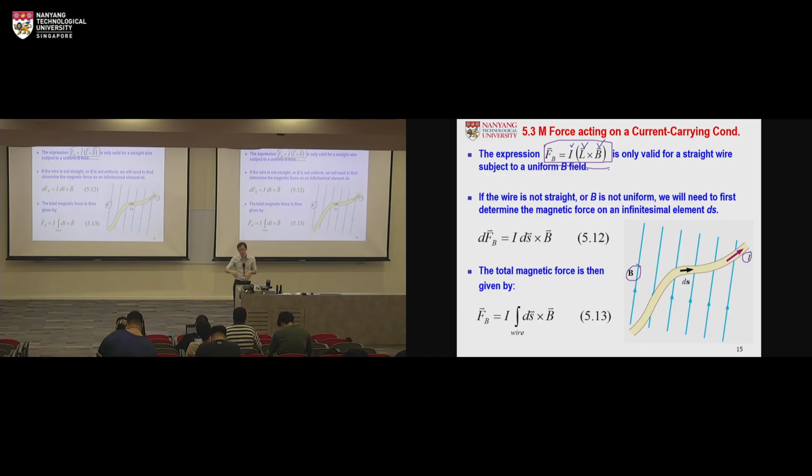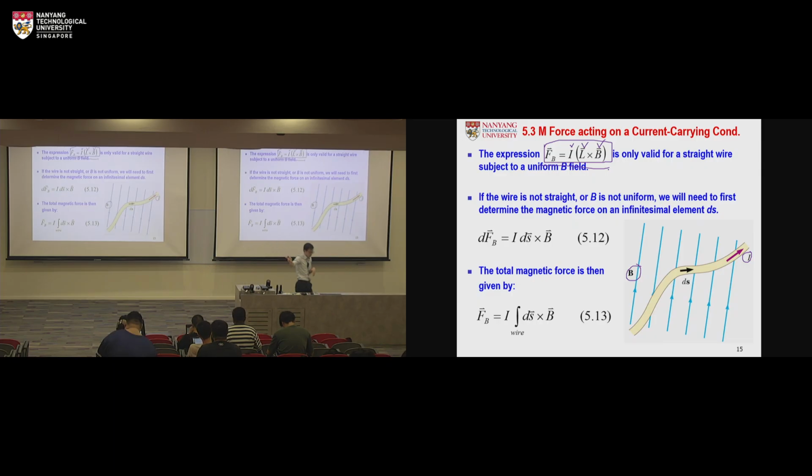Or another way to say it: on this entire curved wire, is I constant, vector L constant, B constant? B constant, I constant, but vector L? No, right?